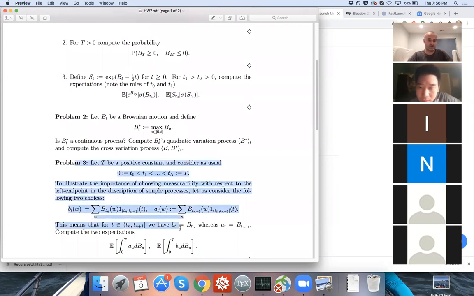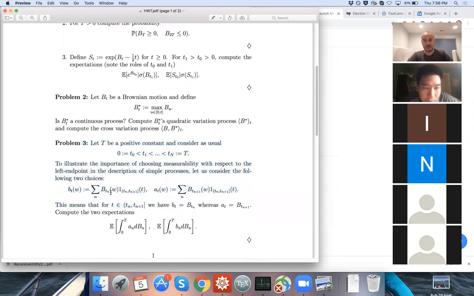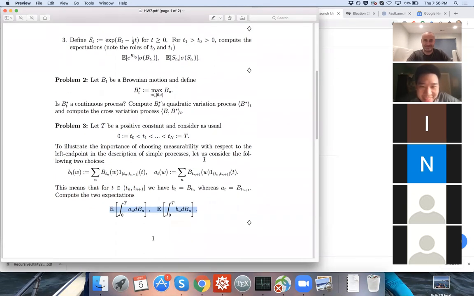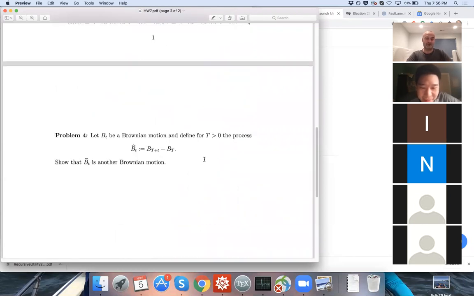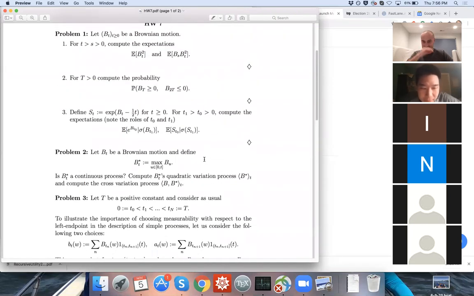We just did that. Part B has to do with T_n, and the other one is T_{n+1}. So here are the two expectations. You should get 0 and T. I said something wrong. Yeah, you're all good to go. Thank you.